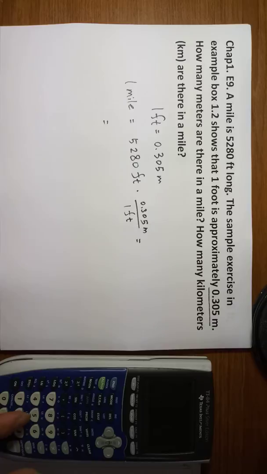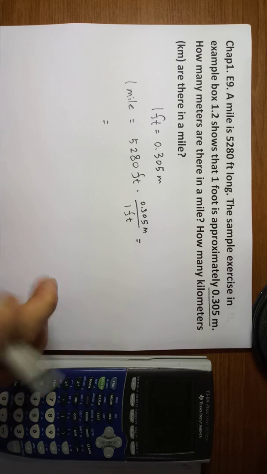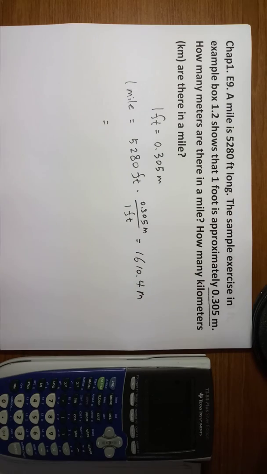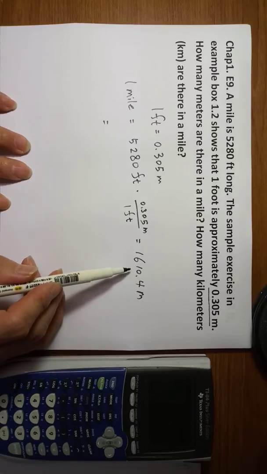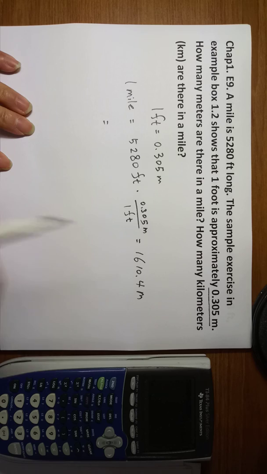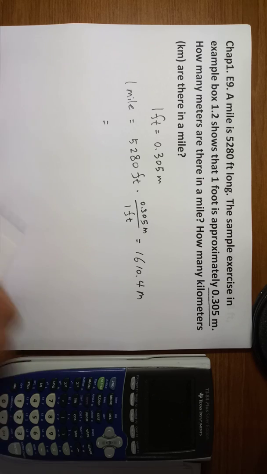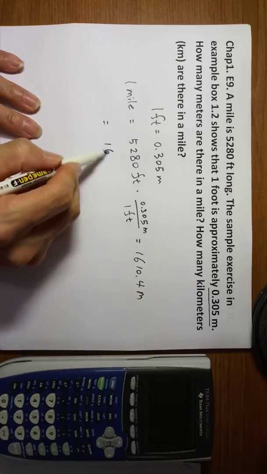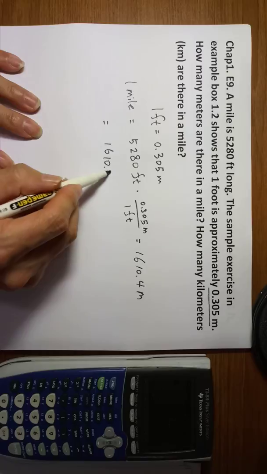So 5,280 times 0.305 equals 1610.4 meter, right? 1 mile equals 1610.4 meter, and the next one is to convert this 1610.4 meter.